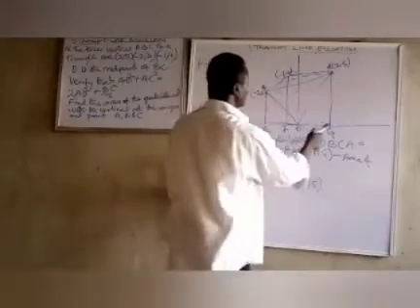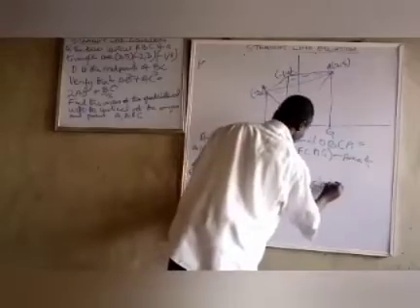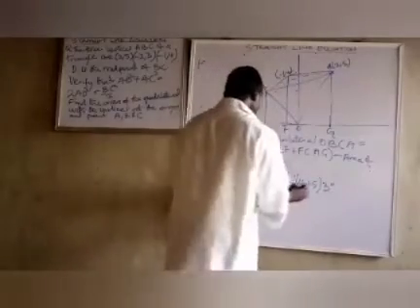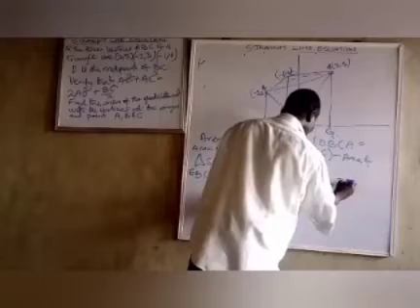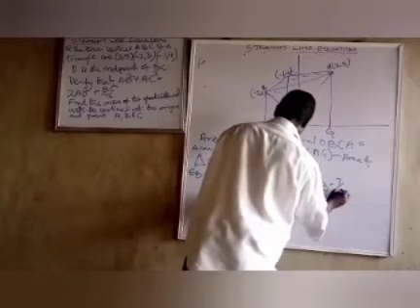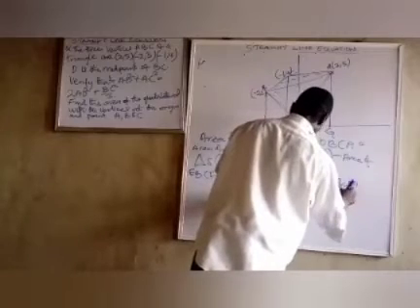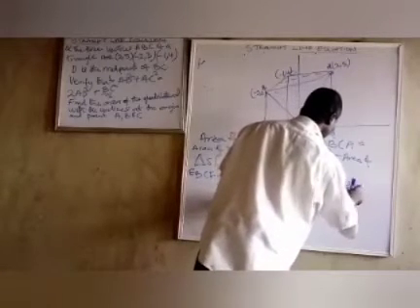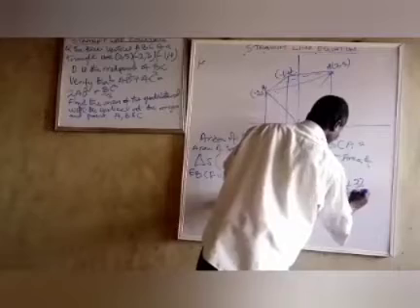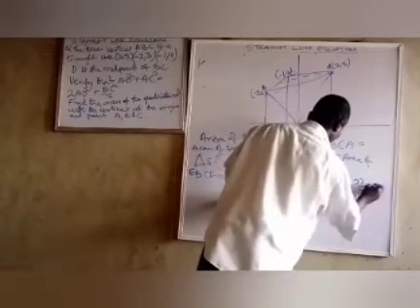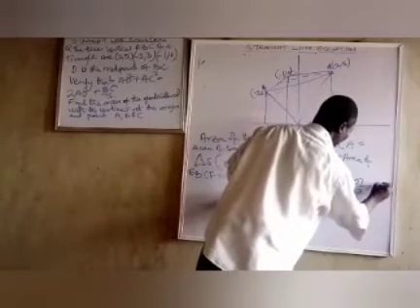And what is the distance from here to here? 3. So that will give me 7 over 2 plus 9 plus 27 over 2. That is 17.